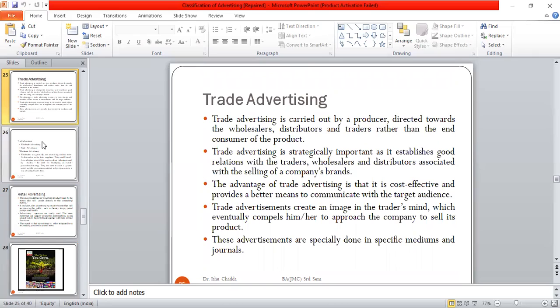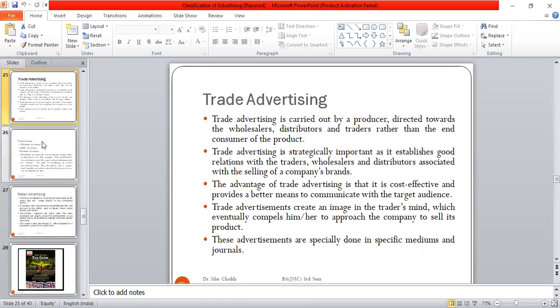That means this is for distribution channel purposes only. Trade advertising is strategically important as it establishes good relations with the traders, wholesalers, and distributors associated with the selling of the company's brand. The advantage of this is that it is very cost effective. It provides a better means of communication to target the specific audience.